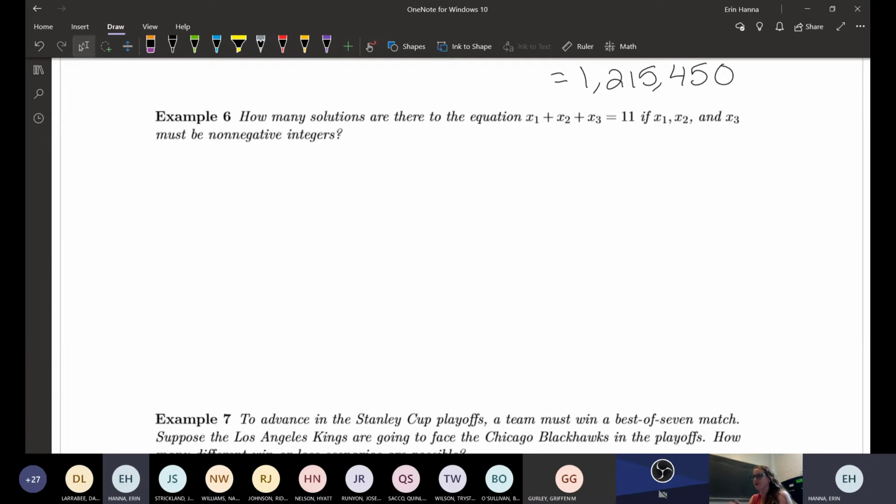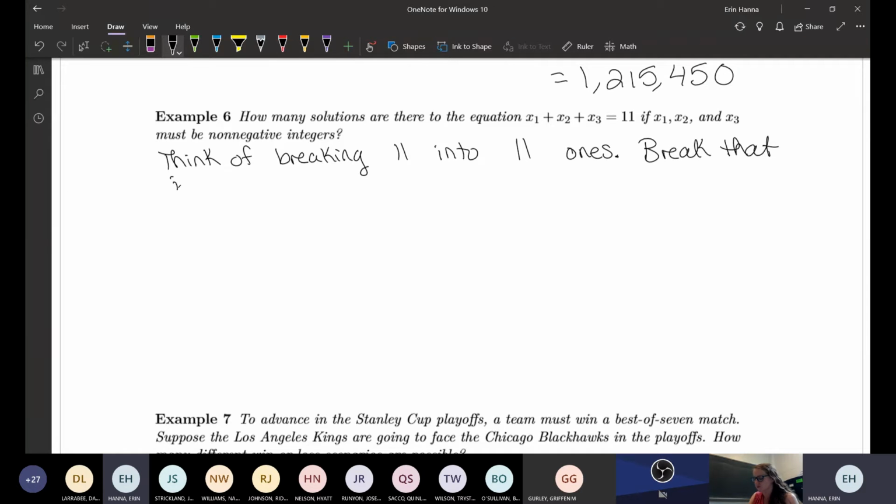So think of breaking 11 into 11 ones. And then essentially we can arrange those ones into groups.